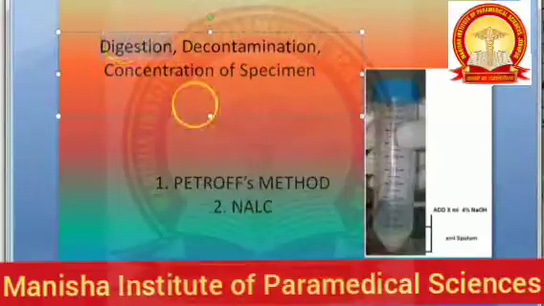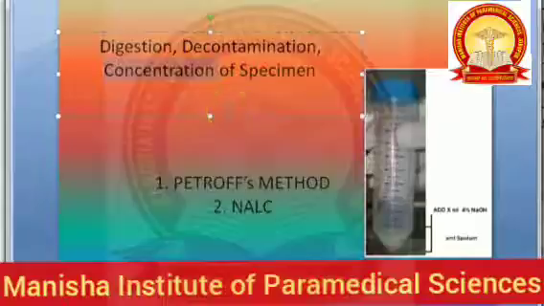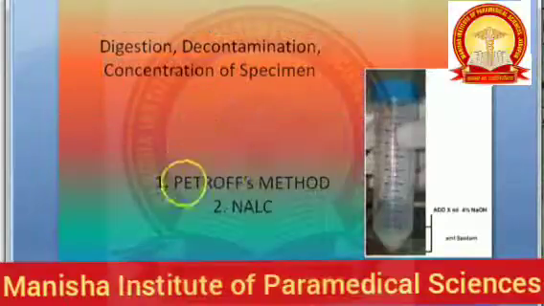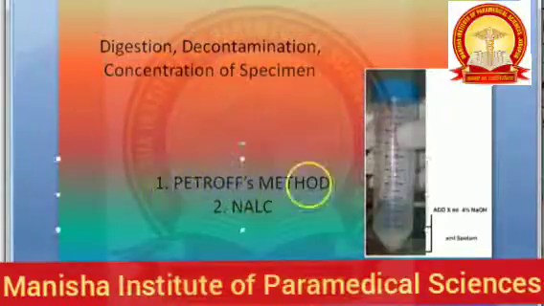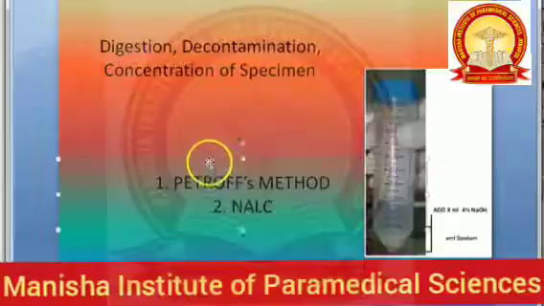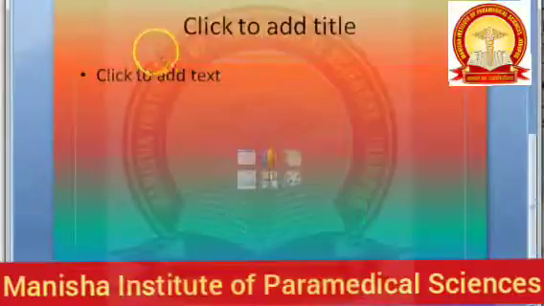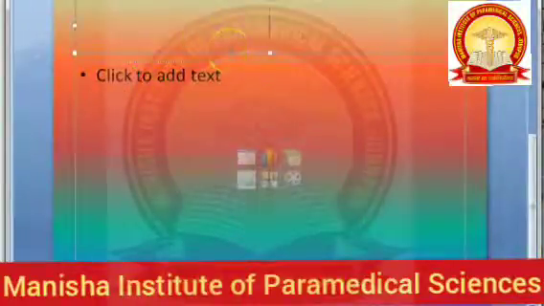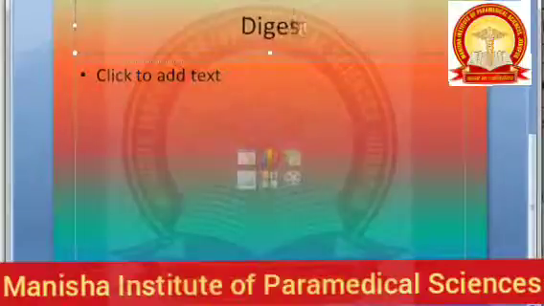So you will have to digest the specimen, decontaminate it and concentrate it. For this you can use two methods: Petrov's method or NALC method. Two methods are available, but first let us try to understand what we are trying to achieve.